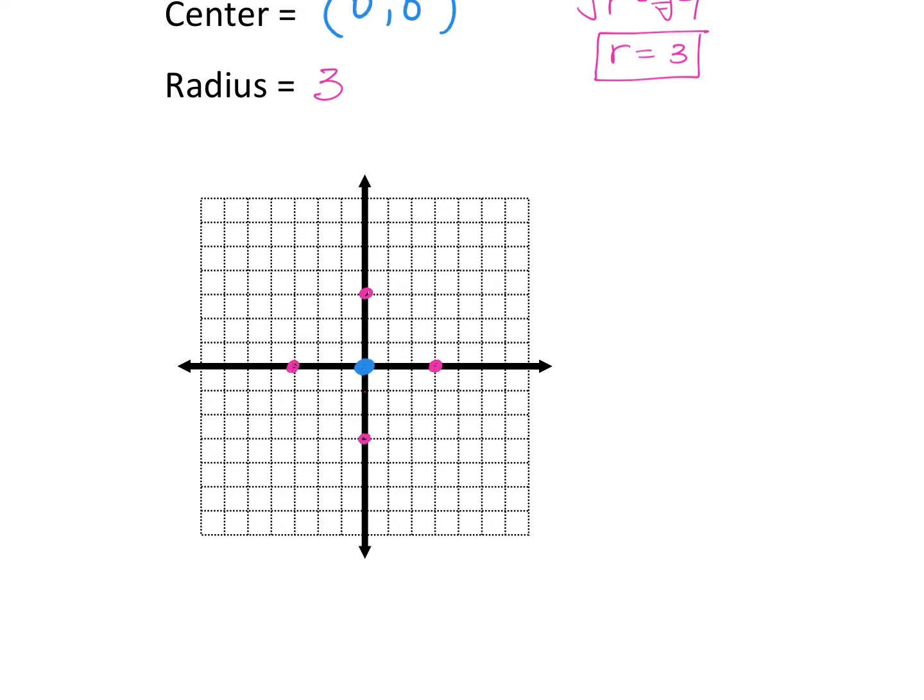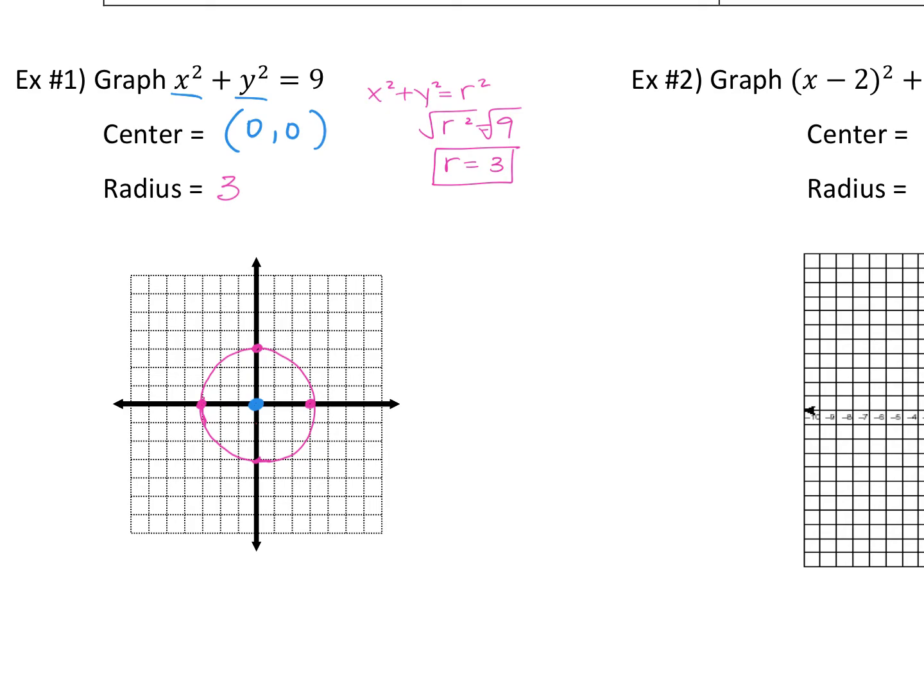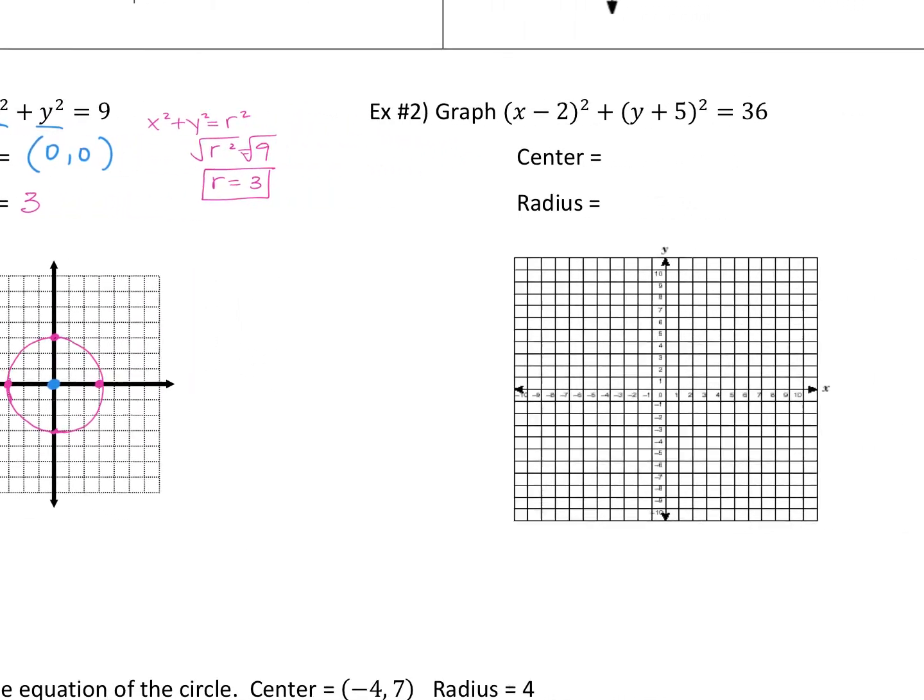I need to see those, and I need to see the circle, but you're going to freehand it. Now, if you do it in Notability and make the nice circle, that's great too. But I need to see those points on a quiz or a test. And then just a free-handed circle is great. Okay? All right.